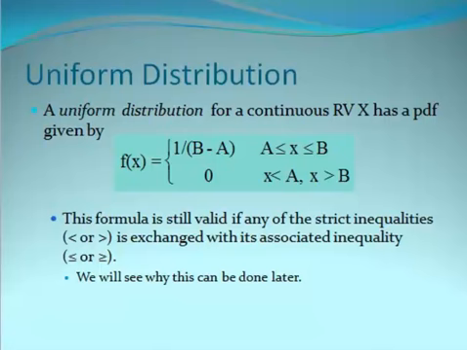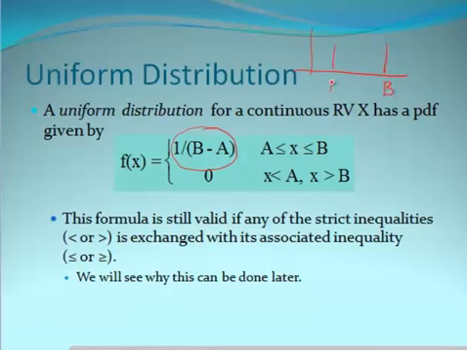of ugly looking equation. You might ask yourself, why do we have this 1 over b minus a? What that is saying is, if you have a uniform distribution, here's your b, here's your a. This area here always has to be equal to 1.